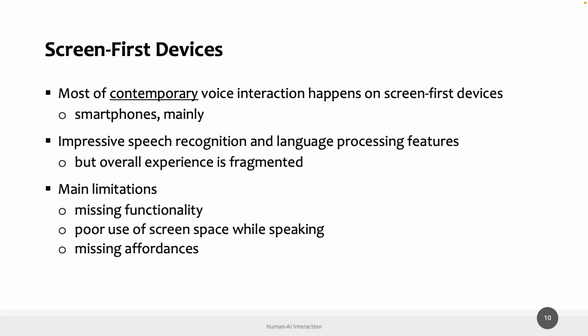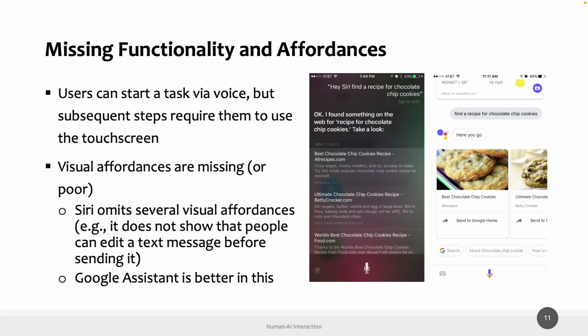There are also other limitations on these devices that are mainly due to the fact that they have a screen and they actually use the screen for the majority of interactions. So for example, there are some missing functionalities. Users can start a task via voice in these devices, but then the next steps require them to use the touch screen.